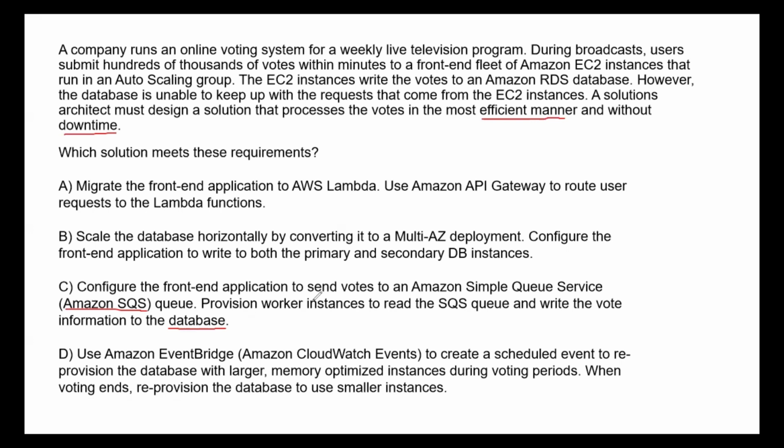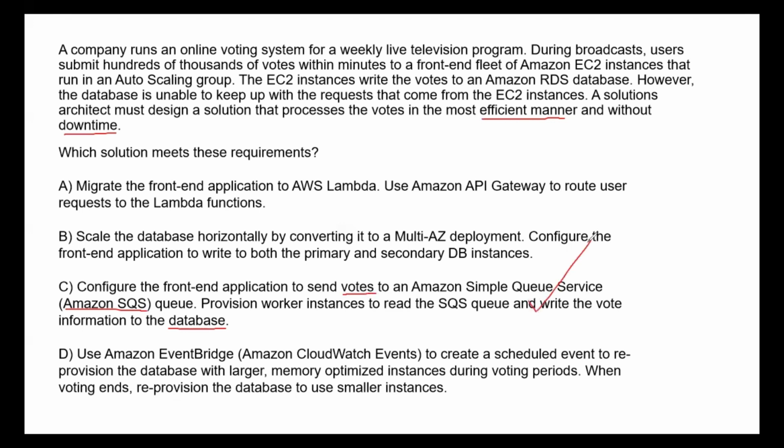So this way, there is not going to be any downtime, because each and every request will be stored in the SQS queue. Even if your sending component or the receiving component of the application is down, the messages are still preserved in the SQS queue. That is, the votes are preserved. That is the reason this is the best way to handle this requirement.